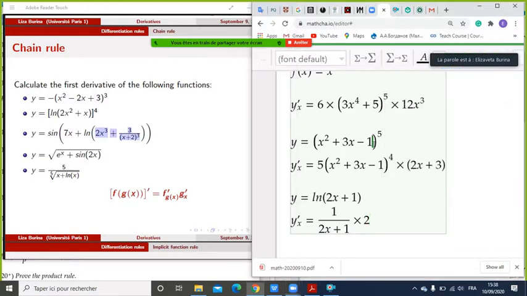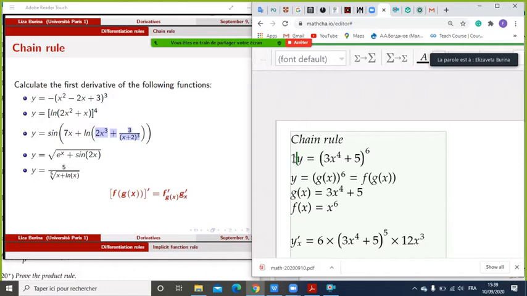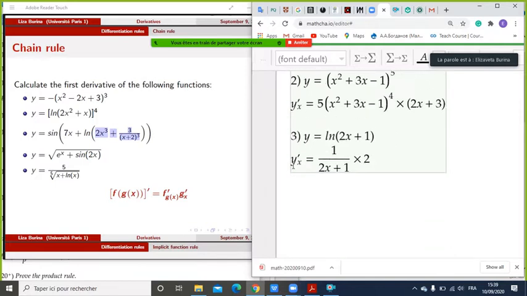Okay, in the last example here, third, yes, actually a good idea to do this. So here the outer function is logarithm. Why? Because it is the last thing that happens to x.